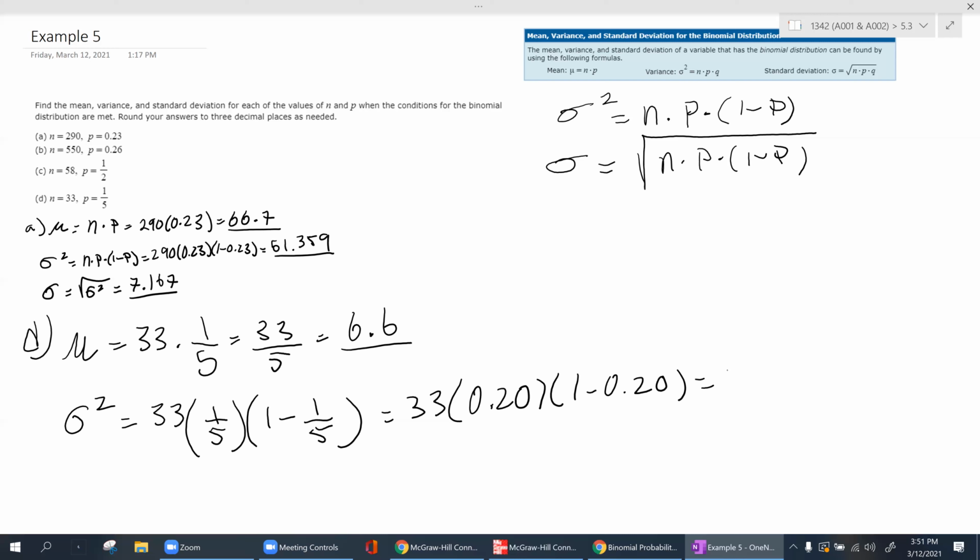I get 5.28. And we know my standard deviation is just the square root of that. This ends up giving me, to 3 decimal places, 2.298. Very nice.